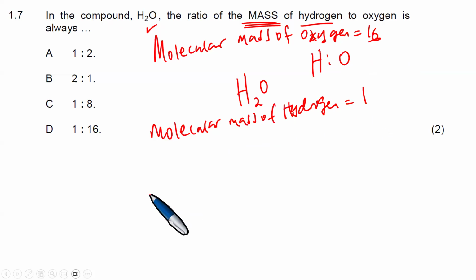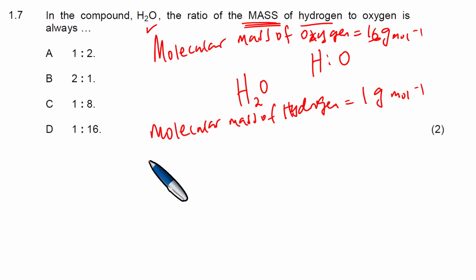It's 1 gram per mole, but this one is 16 grams per mole. Take a look. Think about this. So now, if this is the case, which option is going to be the correct one?